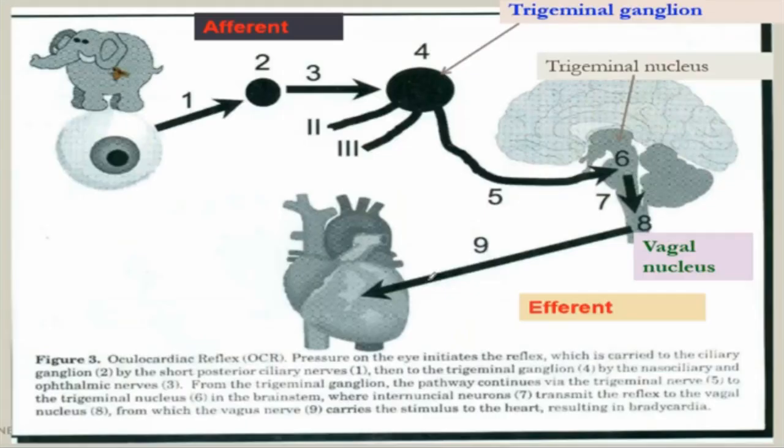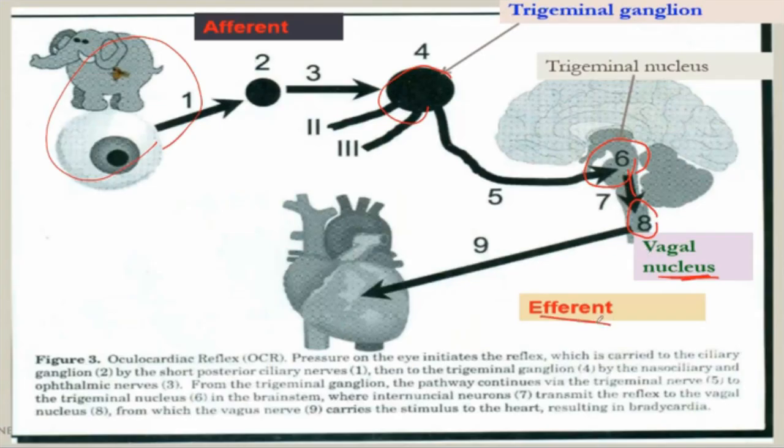Let's see another example. If there is compression on the globe, or if there is a traction of the extraocular muscle, then this will lead to an afferent pathway through the sensory division of the trigeminal nerve that will pass through the trigeminal ganglion and then the sensory nucleus in the brainstem, that will then send impulses to the cardiovascular center or the vagal nucleus, leading to the efferent pathway.